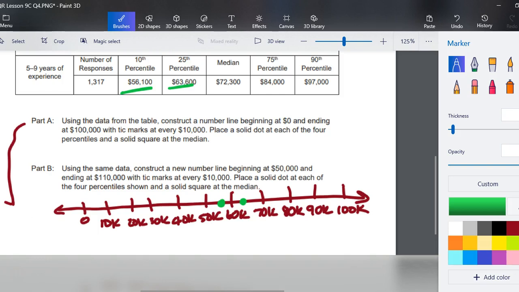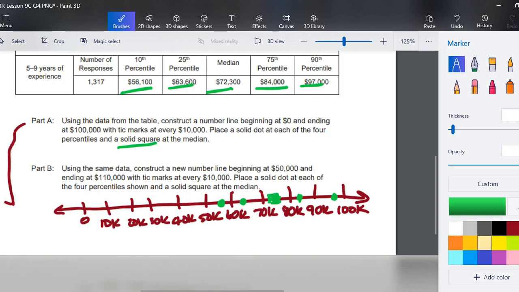So those are percentiles. 84,000, about right there. And then 97,000, about right here. Then it asks us to place a solid square at the median, which is 72,3. So about right here. Okay, done.